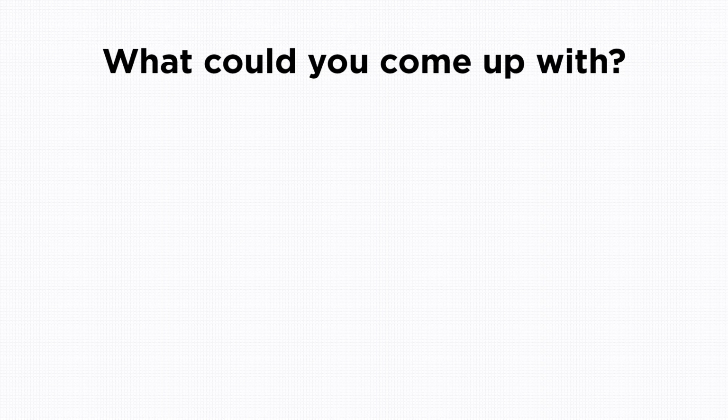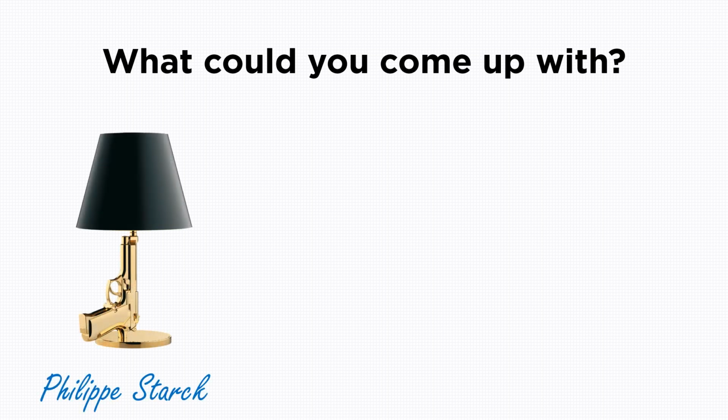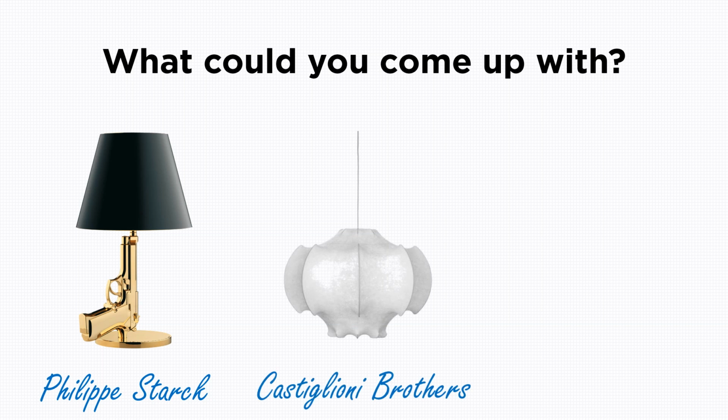Now, I don't know what creative thinking techniques these designers used, but here's 3 lamps that could have been created using morphological analysis. So the first one is this lamp by Philippe Starck, and it's a gun lamp, and you can turn it on using the trigger. This is a pendant light, and it's by an artist in Italy.